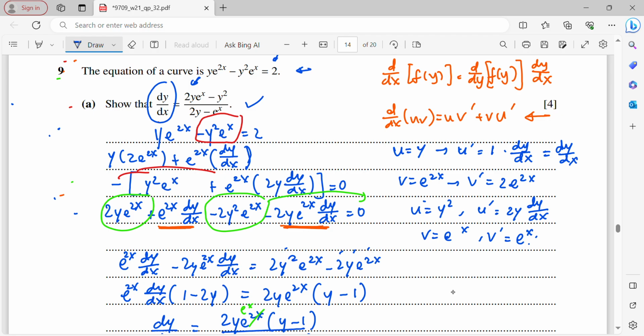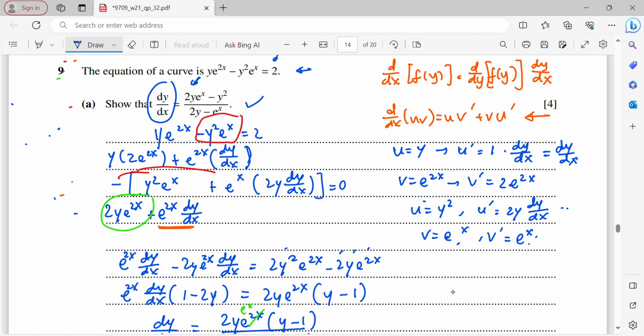Then v du/dx, v u prime, so it will be just e^x. Okay, mistake here. Alright, so when I solve, this one I have to redo. Right, let me redo. Sorry about that.